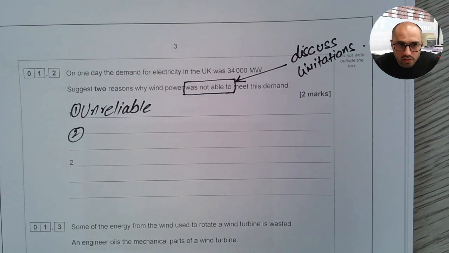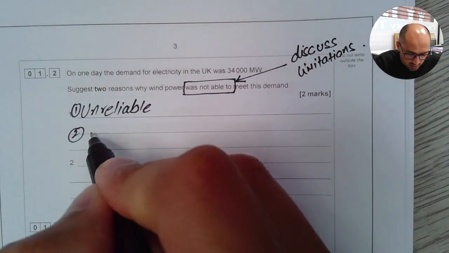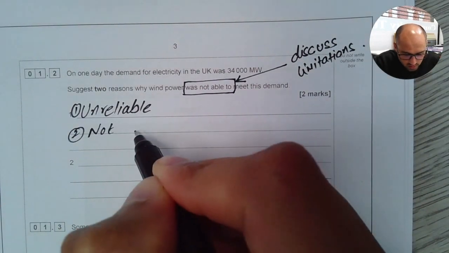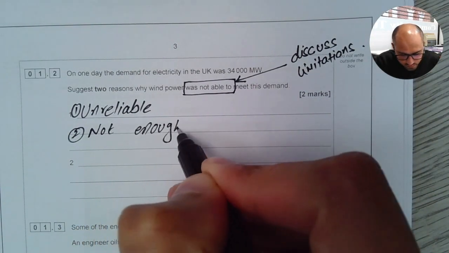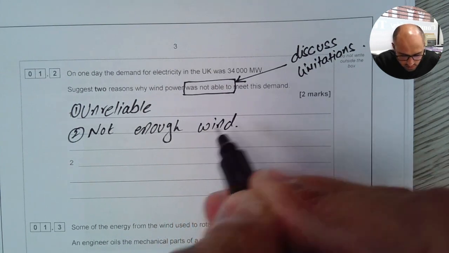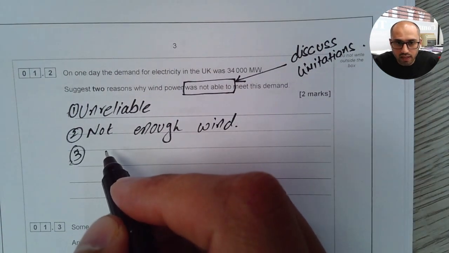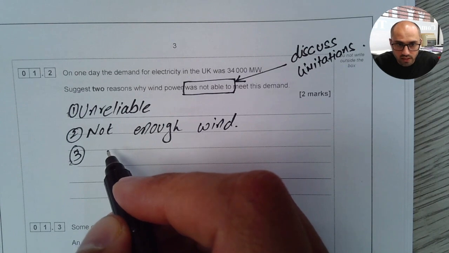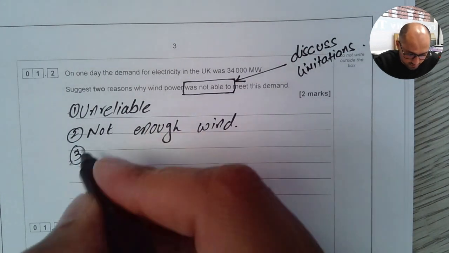Option 1. The second bit that we can think about is that we can say not enough wind. We can also talk about the fact that they do not operate if the wind is too slow or the wind is too fast.